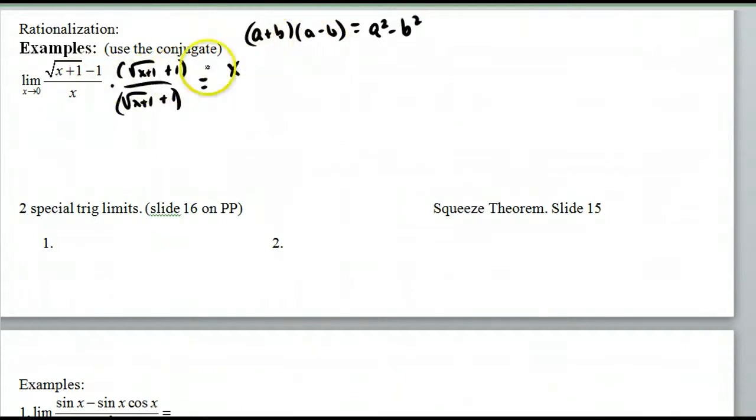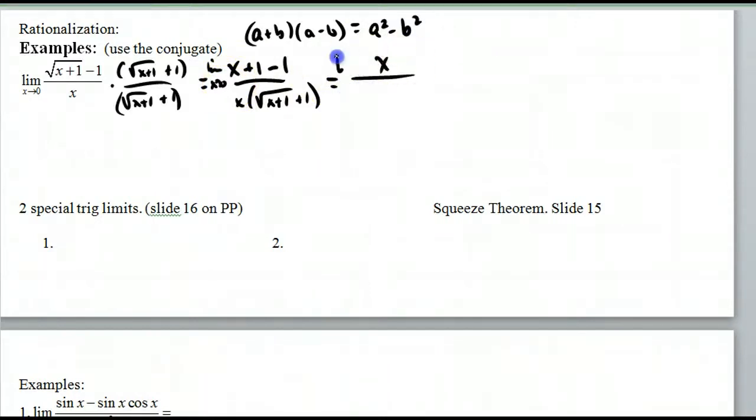So this would be, don't forget the limit, this would be x plus 1, which is my a squared, and then this is my b squared, so I'm going to get minus 1 all over x times this big thing. Now I can try to plug in, well, let's see, it still doesn't work. Limit, x approaches 0.